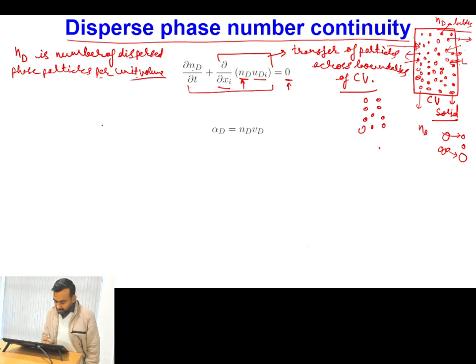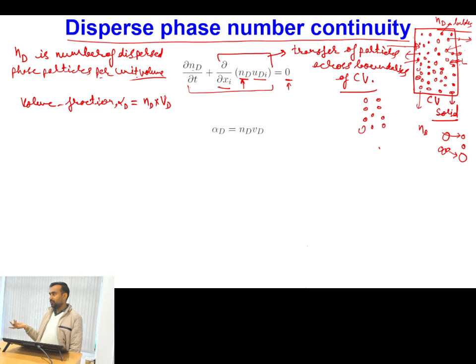Now one simple point: can I define volume fraction if I know the number? What will be the volume fraction? Number of particles times the volume of each particle, say Vd is the volume of each particle. Now what is this number?